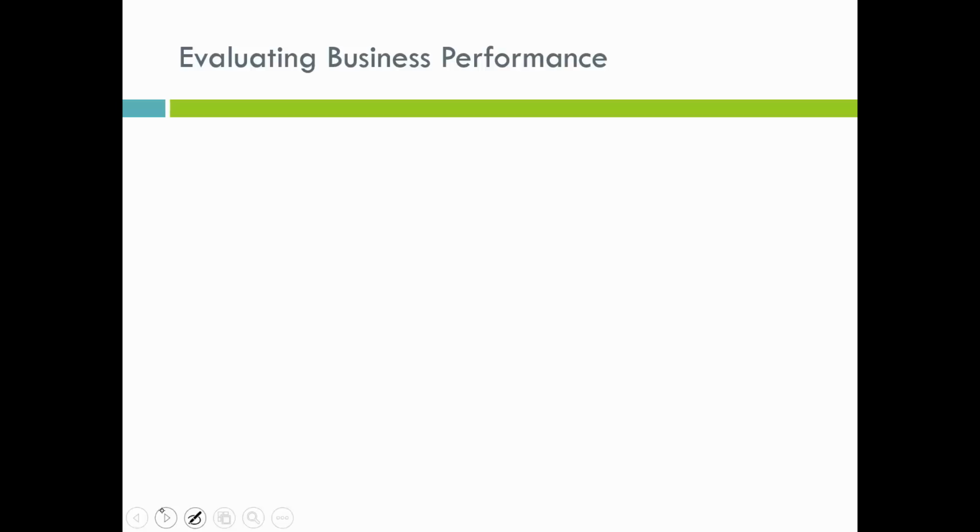And the last thing I want to talk about in here is how I can use these statements to evaluate the business performance. So the income statement really shows me the profitability of the business, right? The net income, or the net loss.